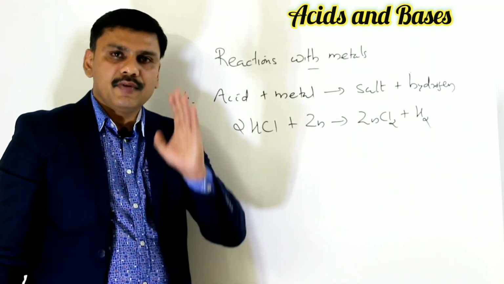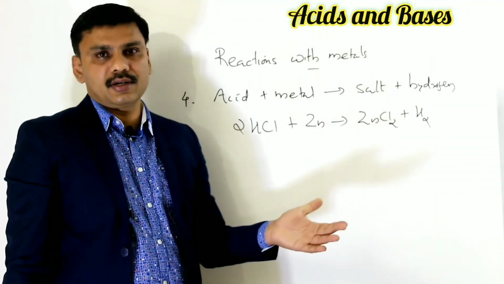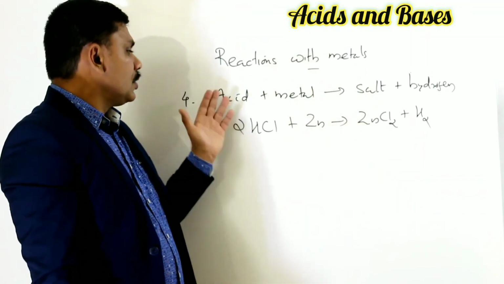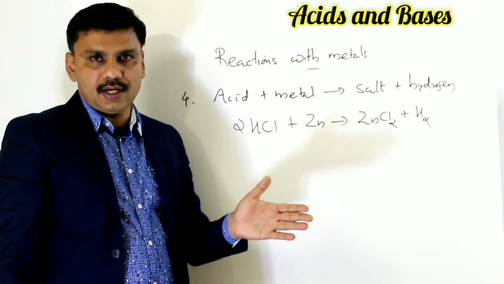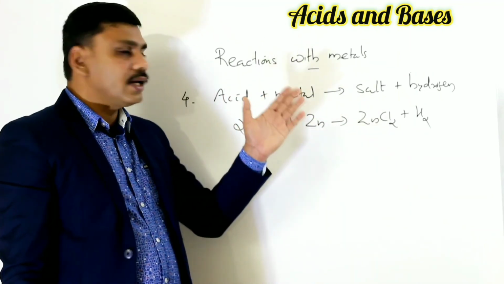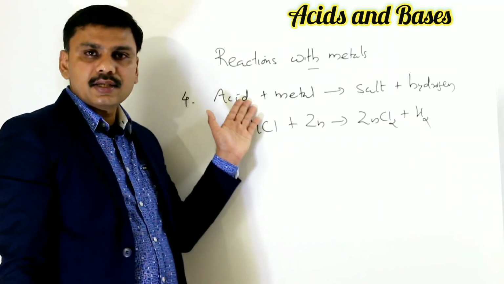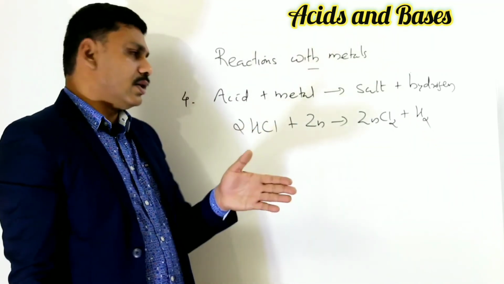Generally when an acid reacts with a base, it will always give salt and water. But acids can react with metals too. The first reaction was acid with metal hydroxide, giving salt and water. The second was acid plus metal oxide, giving salt and water.